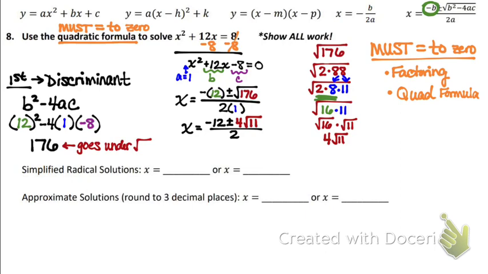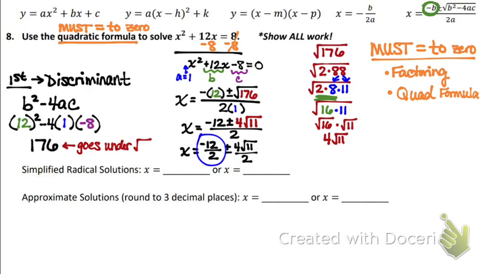Do I have a fraction? Yes. How many things on top do I have that are separated by pluses or minuses? 2. I have 2 terms in my numerator. So I have to distribute that division the same way I would distribute with multiplication. Both pieces go over the 2.